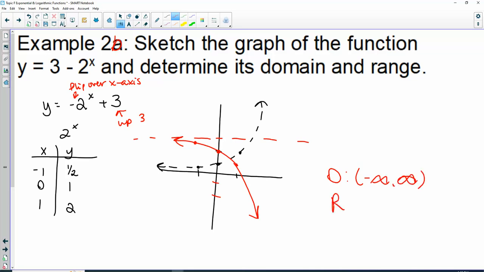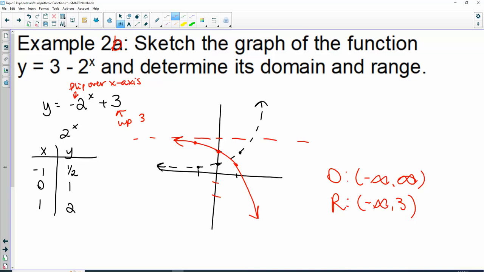Range? Positive, to 2. 3. Do we kind of remember doing these? Always have a horizontal asymptote and increasing from there.